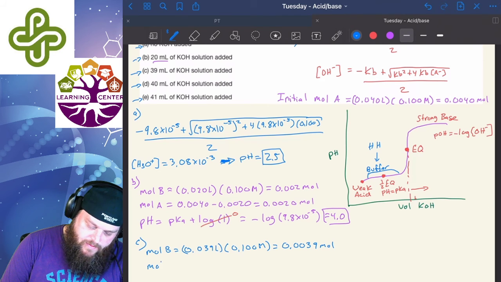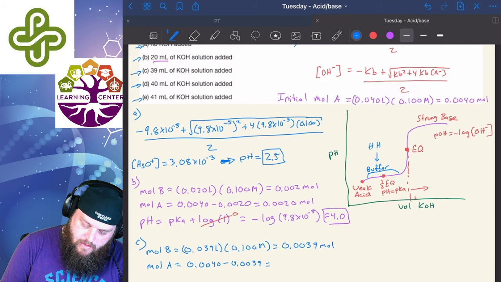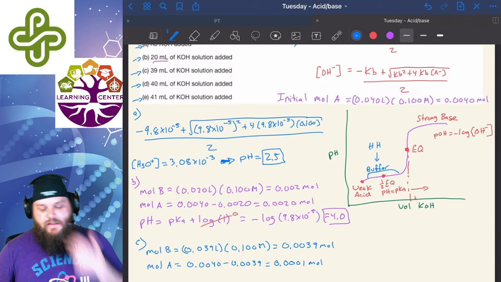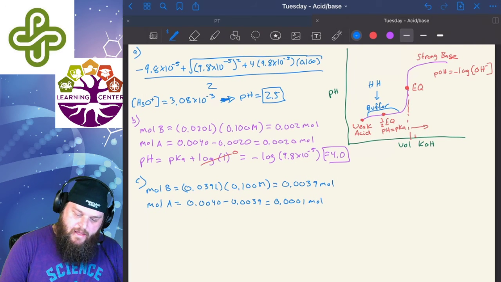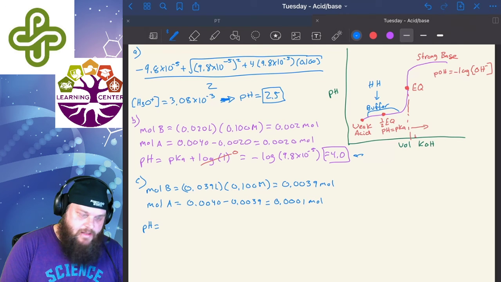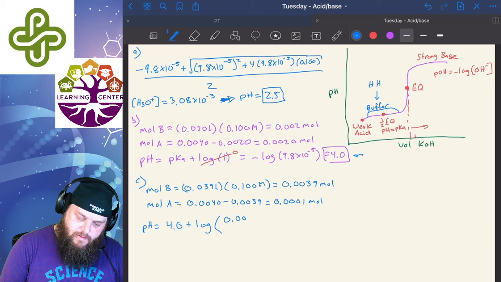So that means the moles of acid which are left is equal to 0.0040 minus 0.0039, which is equal to 0.0001 mole. So that's the moles of acid and moles of base we have at this point. And we know the pKa from up here. So plugging into the Henderson-Hasselbalch, we can see that the pH is going to equal 4.0 plus the log of 0.0039 divided by 0.0001.